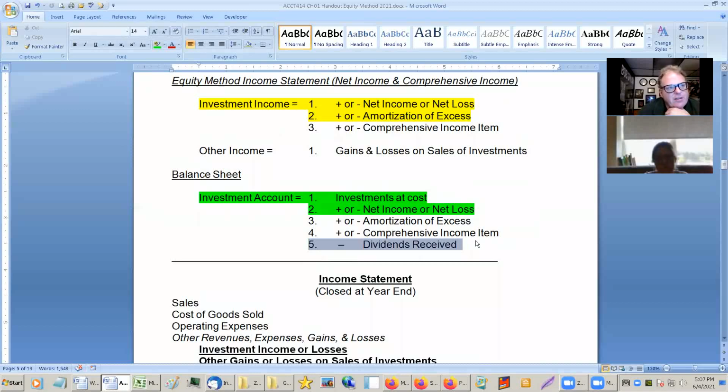And going down here, you'll see the dividends. Any dividends that you receive from there will reduce the investment, kind of like taking money out of the wallet. You own 100% of that company, you take money out, $100, whatever. You have $100 cash, which you put on your books, but that company is now worth $100 less, and so we're going to subtract it out.